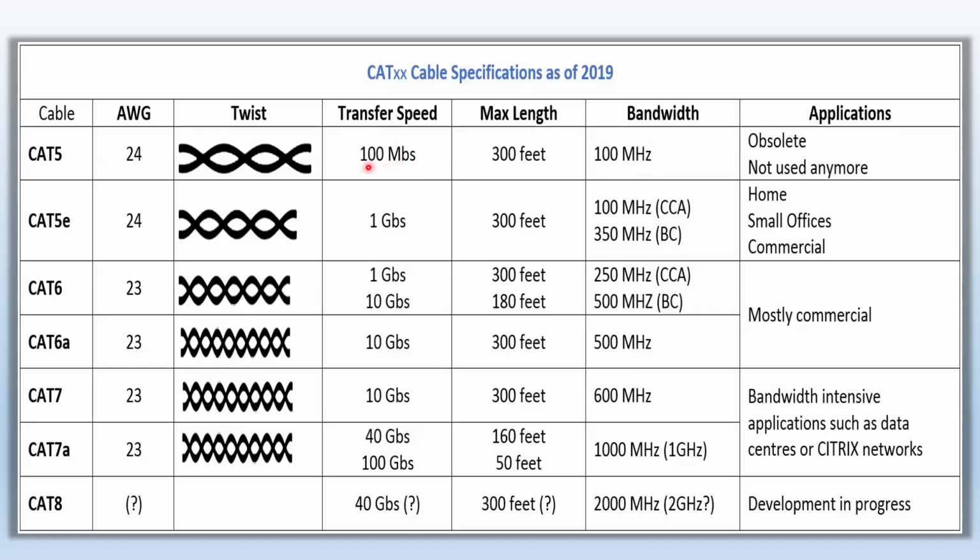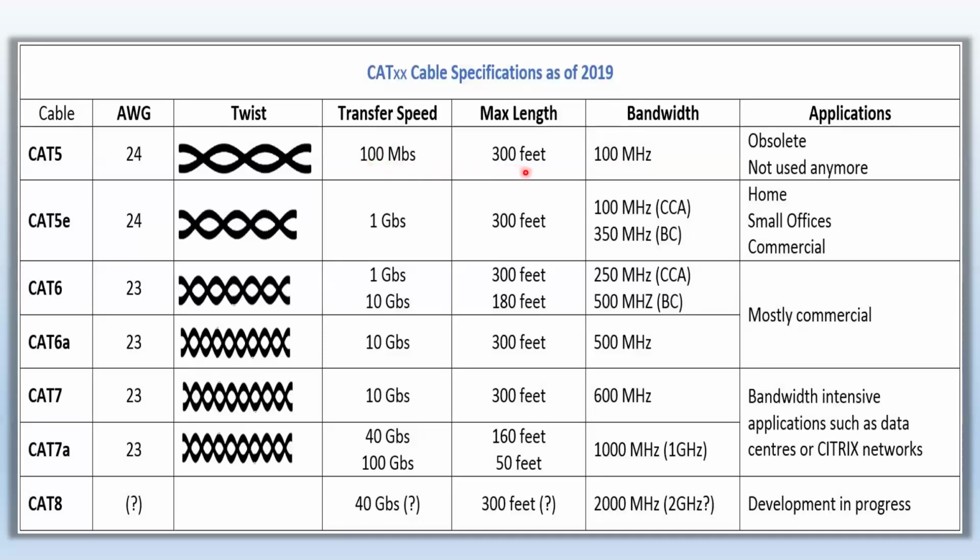And it can send the bits, the digital pulses at the rate of 100 megabits per second, and the signal still will be understood on the other end of the cable.